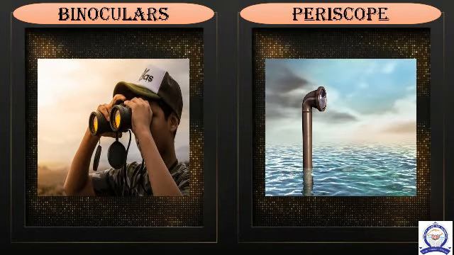It is a tube with a mirror or prism at each end, set parallel to each other such that the image seen in the upper mirror is reflected onto the lower one, which in turn reflects it onto the observer's eyes. During World War I, soldiers used it to keep watch on the enemy from trenches.